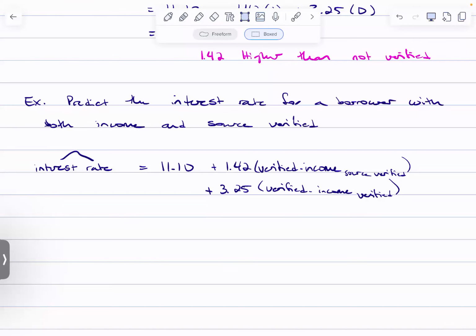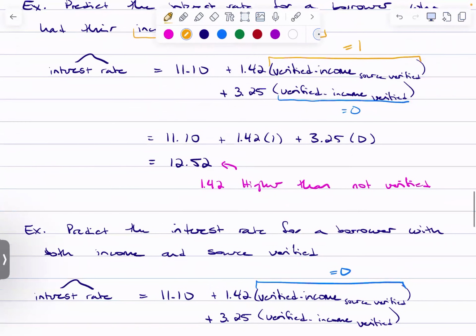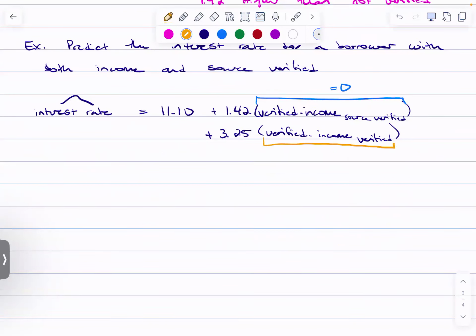So if it's both, then what colors did I use? This guy's off because it's both. And so the source verified is if only the source is verified. What color did I use for on? Orange. And if both, then that's the verified variable, which is going to be on now.